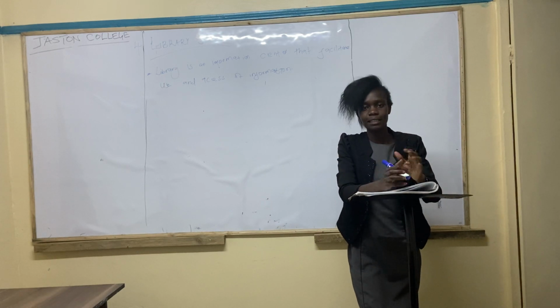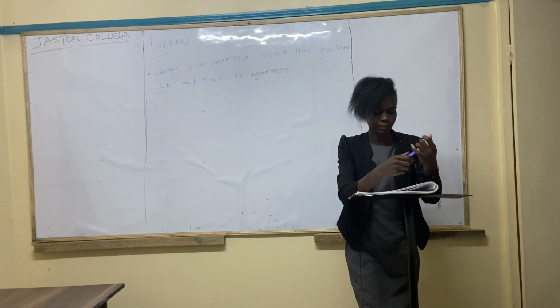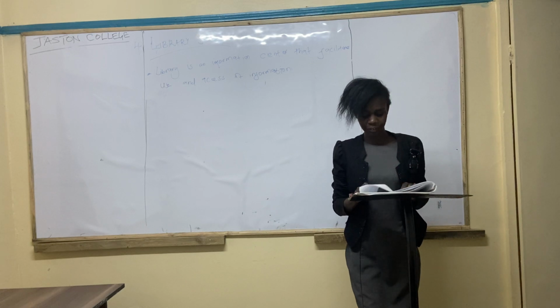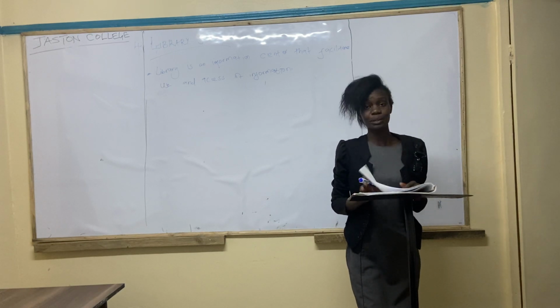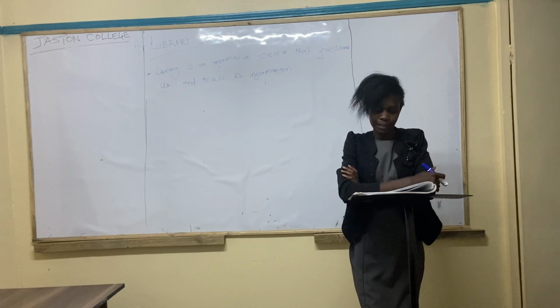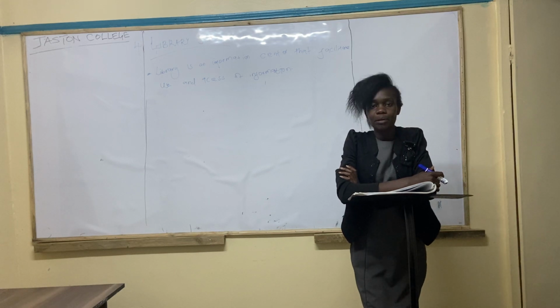Secondly, we are going to discuss the types of library. We have 5 types of library. Number 1 is public libraries. We have academic libraries.